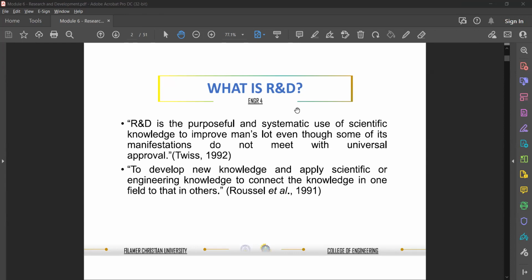And let's say sa iba namang industry like sa technology company, let's say Nokia or Apple, di ba? Meron din silang R&D, research and development. But the purpose of their research and development depends on ano sila. Kung ano ang ilang paghimuon sa ilang company.